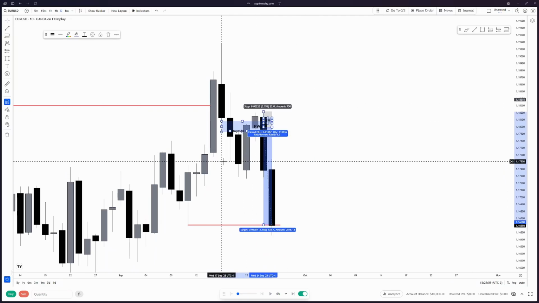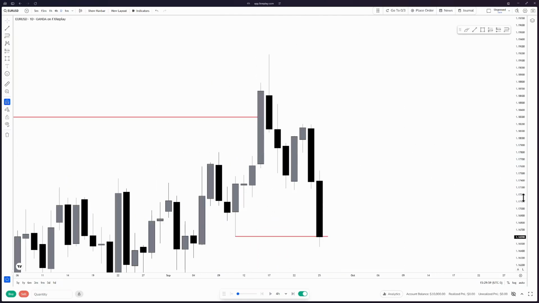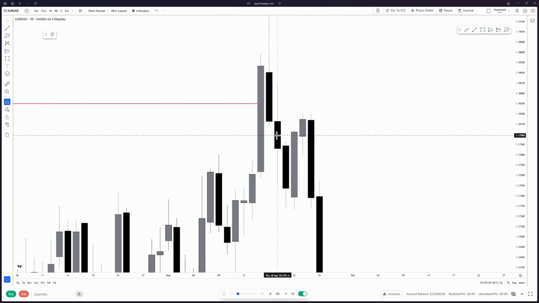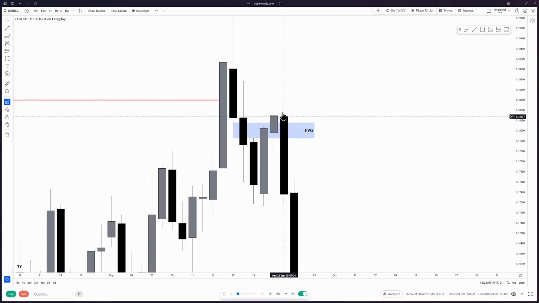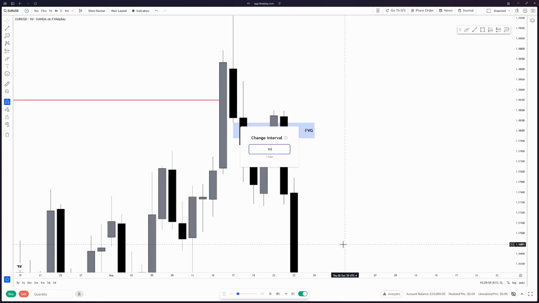So, let's remove all of this. Look, we have a daily fair value gap here. Let me mark this out. We knew that price would go lower, but we can't see any confirmation right here. All we can see here is a high getting created on the fair value gap. But we have to have some sort of manipulation and confirmations. So we shift down to the 1-hour time frame.